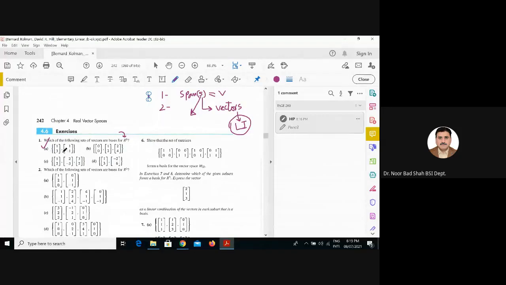So we check whether this one is forming a basis or not for R square. We first take an arbitrary element from R square. That's an element from R square. And we write this element as a linear combination of these vectors.